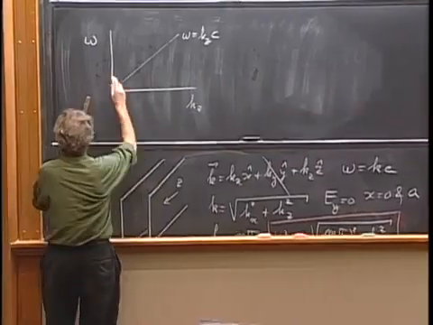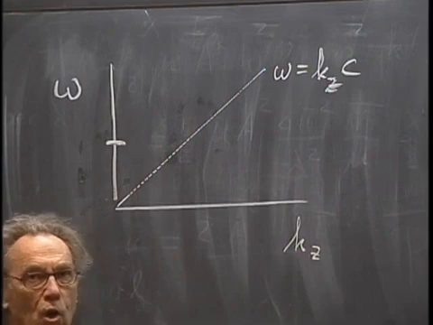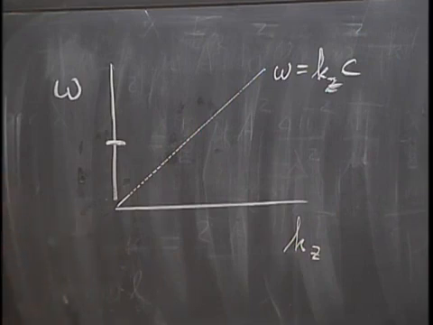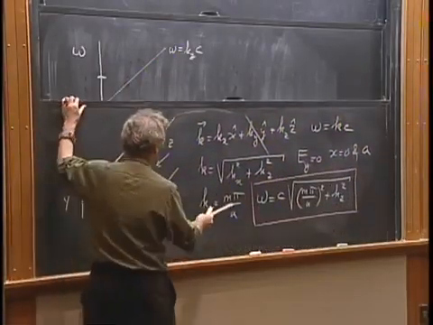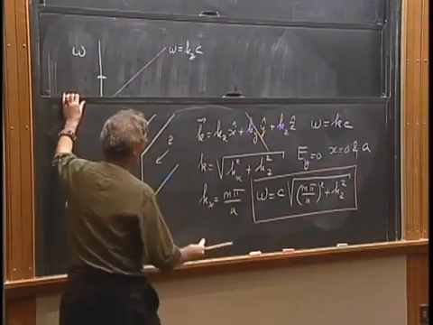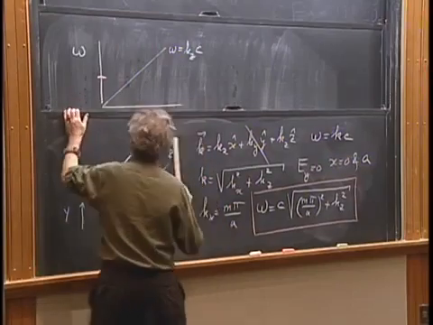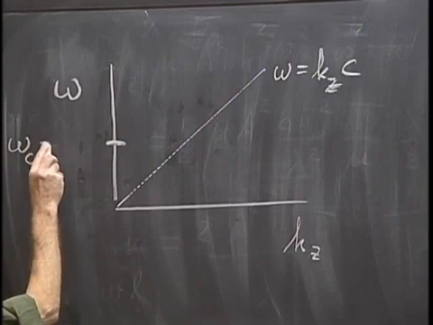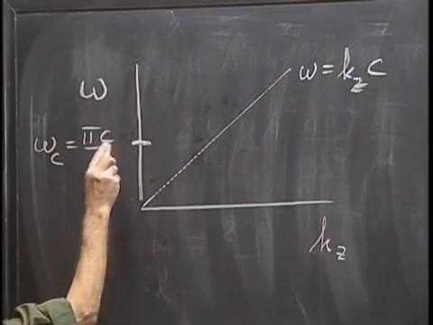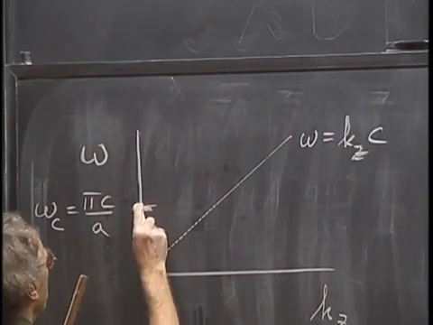And so now you have here a frequency which is the lowest frequency possible for which radiation can actually go between the plates. This is the case for m equals 1, and omega is then c times pi divided by a. So that is the cutoff frequency: pi times c divided by a. If I plot that curve, you get something like this.